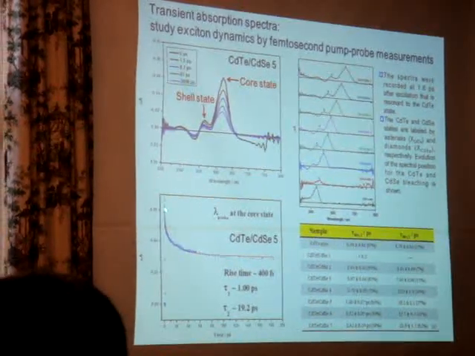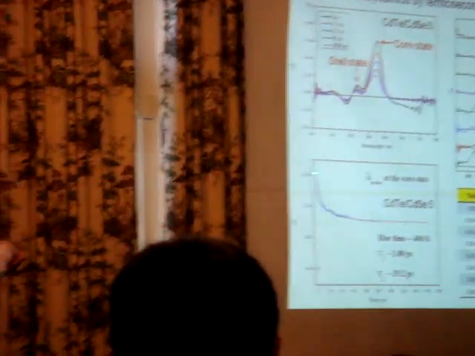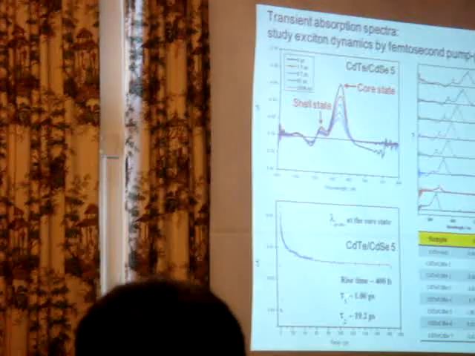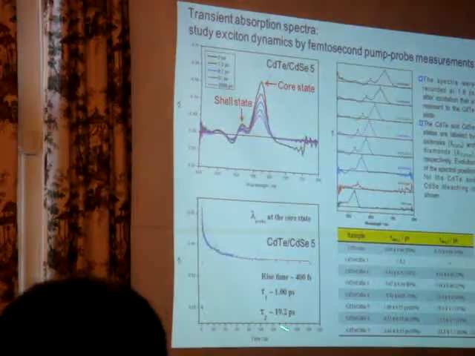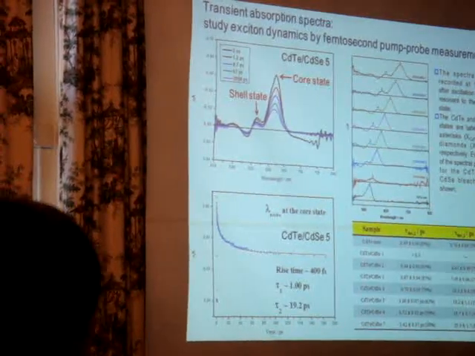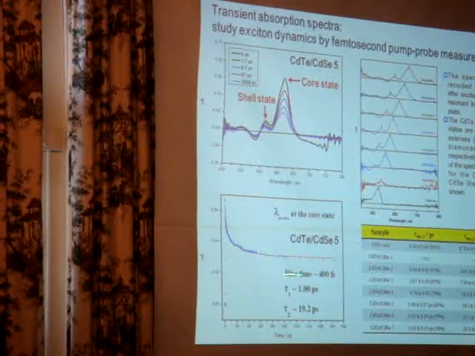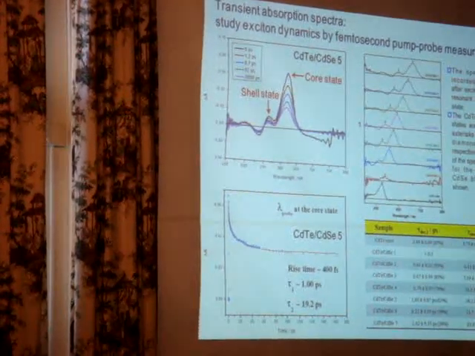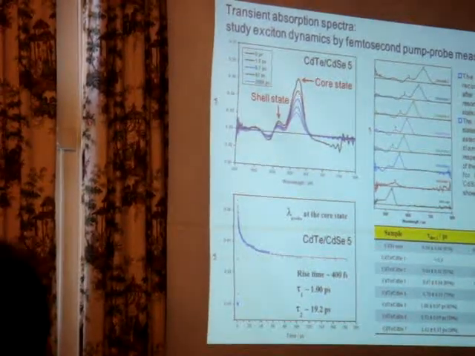For this relaxation, I am able to use a 2 exponential function to fit it. The first component is 1 picosecond, and the other component is roughly 19 picoseconds. Both components are assigned to the electron relaxation from the conduction band to the surface defect state.